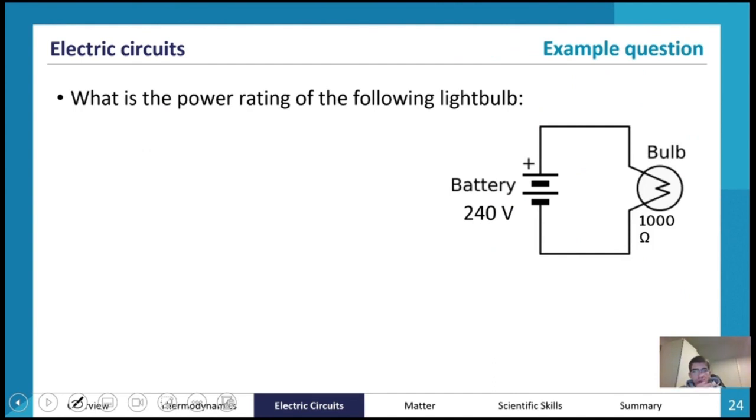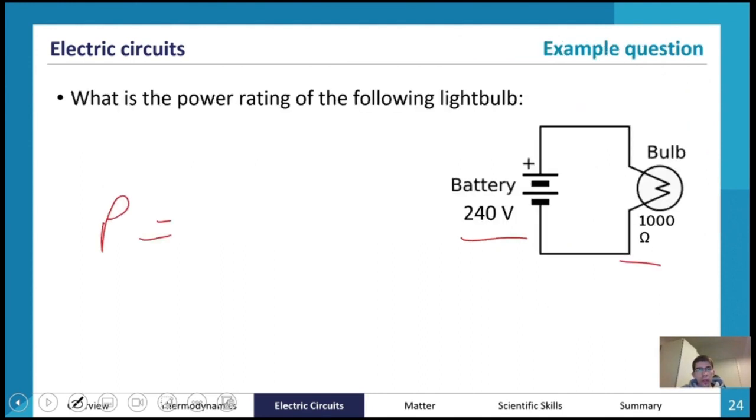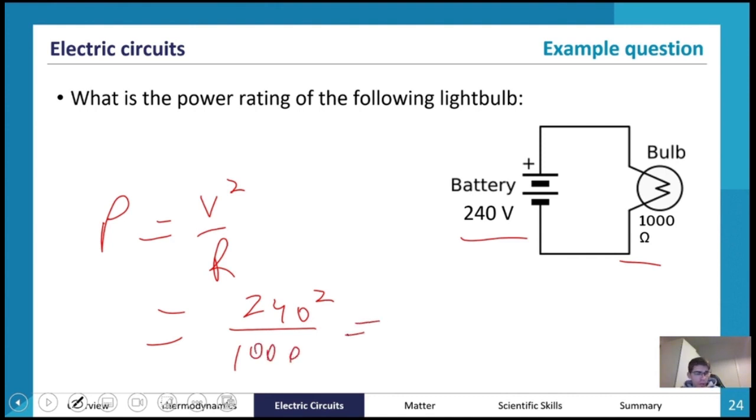For example, this question is asking, what is the power rating of the following light bulb? We have voltage and we have ohms, so from the previous derivation, we know that V squared on R is one way to find power, so it would be 240 volts squared divided by 1000 ohms, which will give us the power in watts.